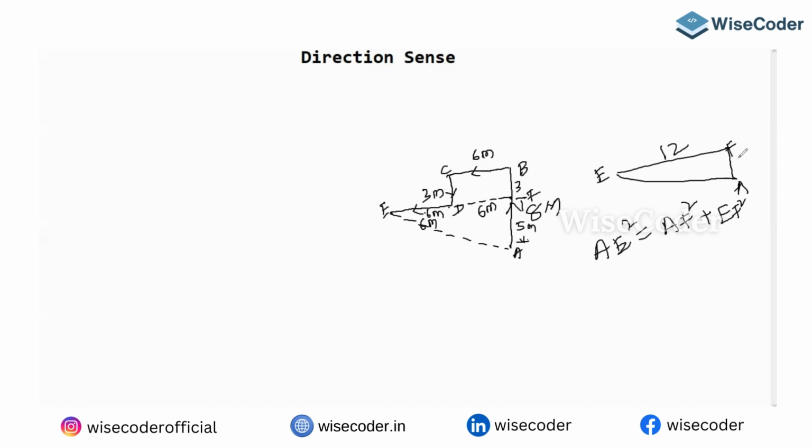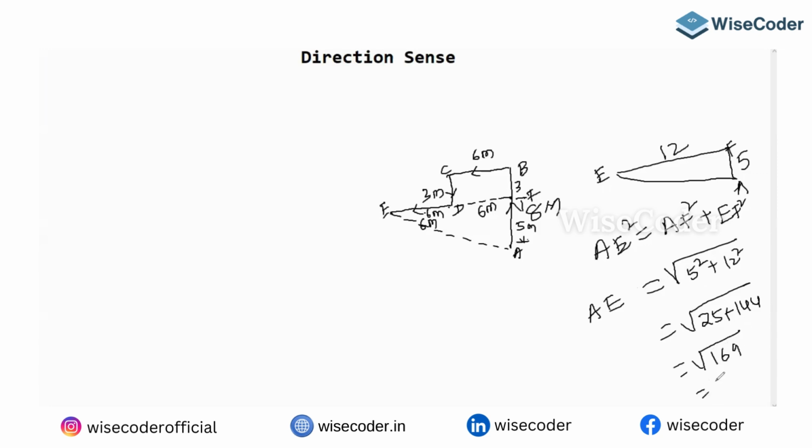12. This is 5. So if you want AE, AE will become AF. AF is what? 5 square plus 12 square. That is 25 plus 144, so that will become the square root of 169.